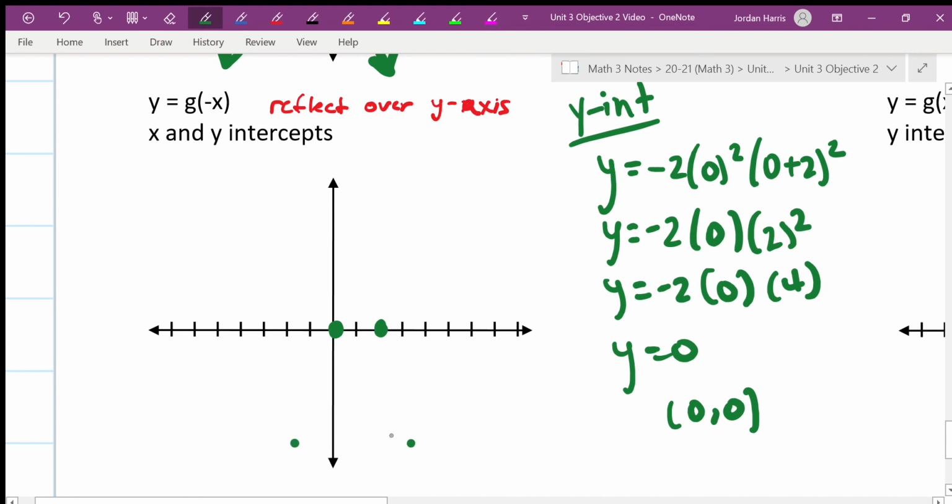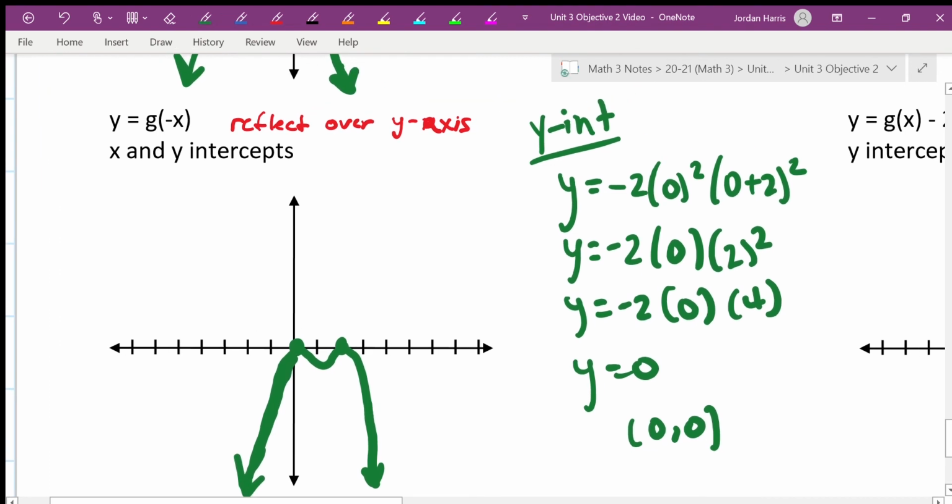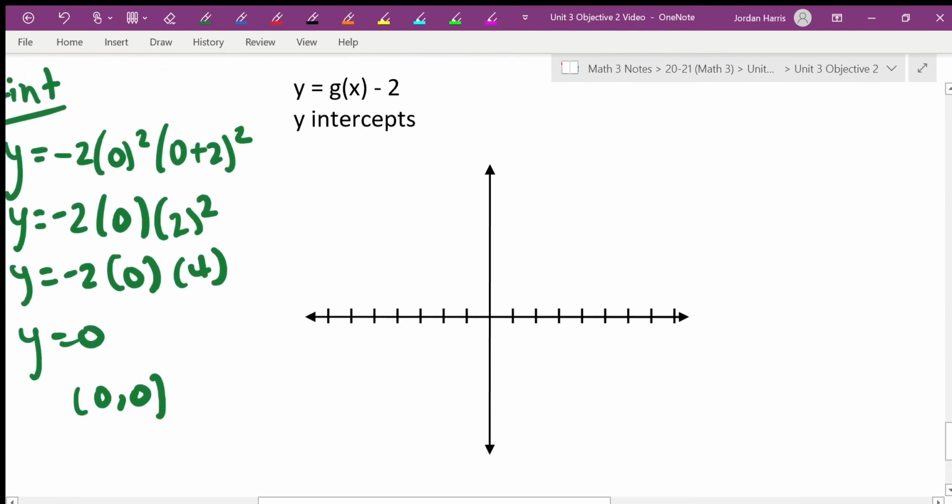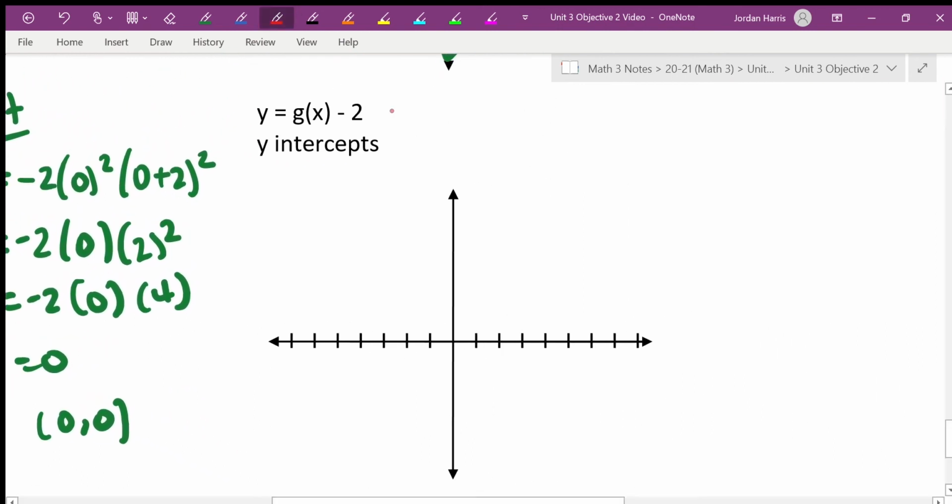It's still down, down, because I'm reflecting over the y-axis. So I graph. And there we have it. I need to label my x and y intercepts, so I have 0, 0, and positive 2, 0. Done.